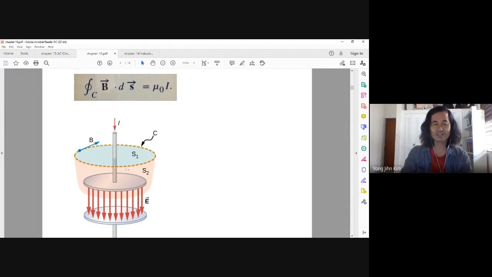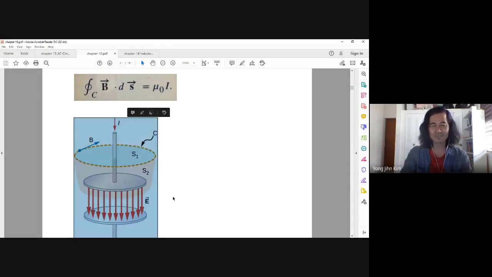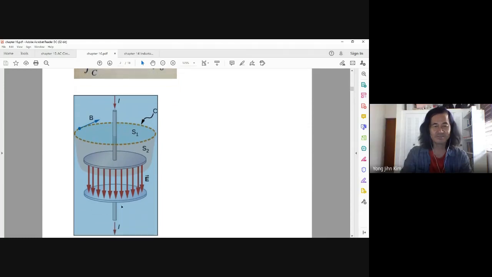He applied Ampere's law to this circuit through a capacitor. Here we have a wire connected to a capacitor. Electric current is flowing.